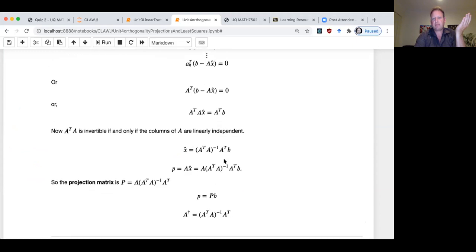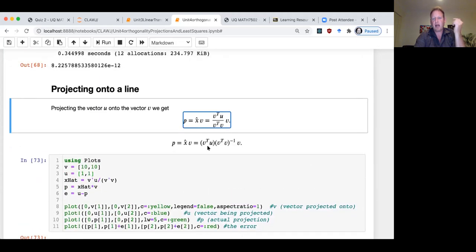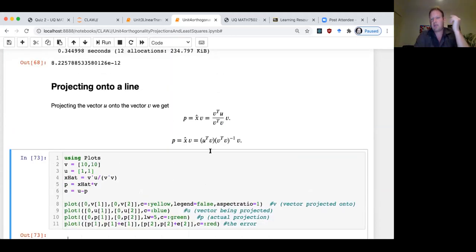But I could have written this also differently. Instead of a, I could have written it as U transpose V here. That's fine, right? I can change the inner product to symmetric.